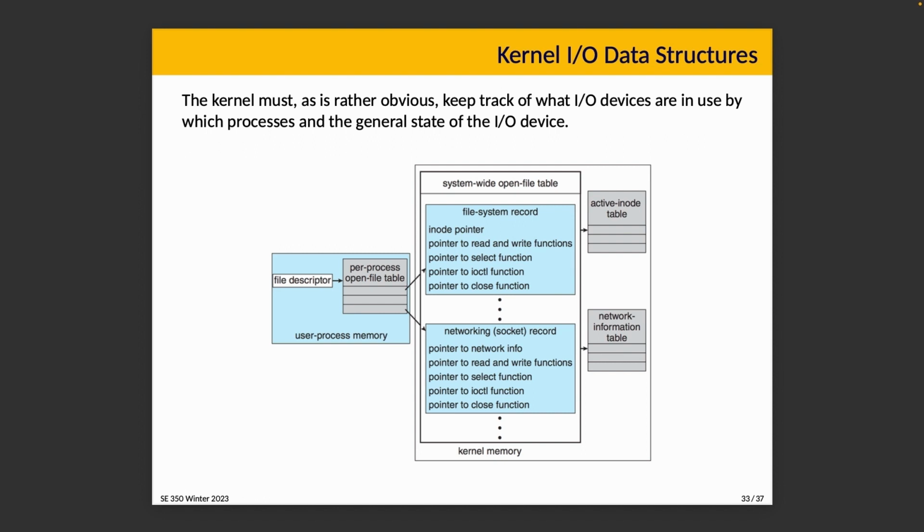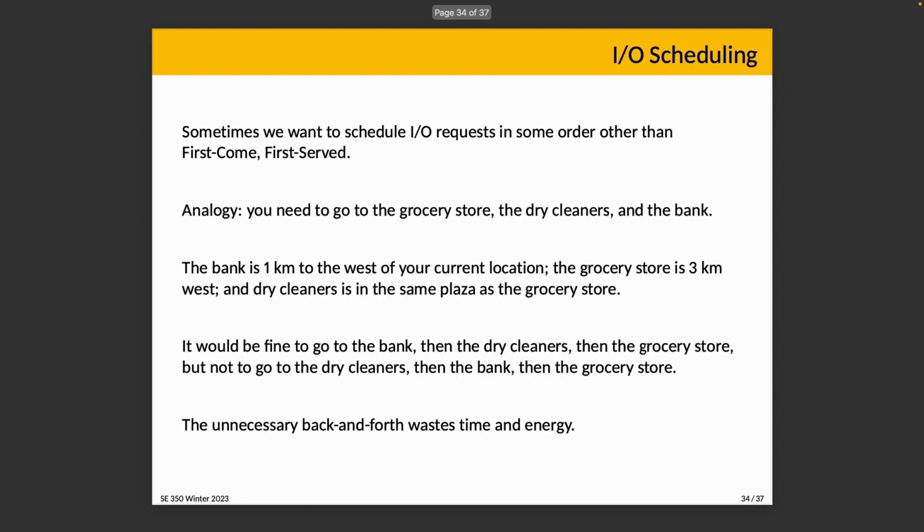In the system open file table, we'll have some pointers to the associated functions, read and write, IO control, close, whatever it is, and the same is true for, say, network. There will be pointers to the appropriate read and write functions for the kind of device that it is.